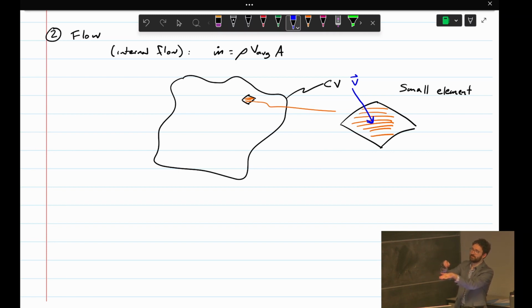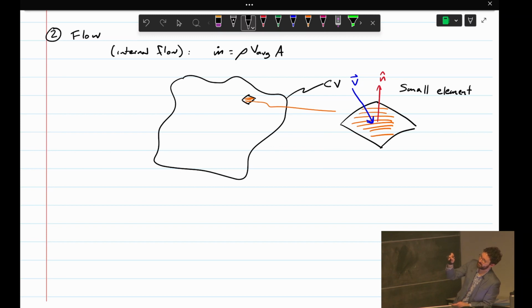The only way that flow can go into our CV is through the normal component of the velocity vector, right? So how do we get the normal component of the velocity vector? Any ideas? Projection, right, onto the normal vector. Wherever we are on our CV, the surface is defined by this normal vector.